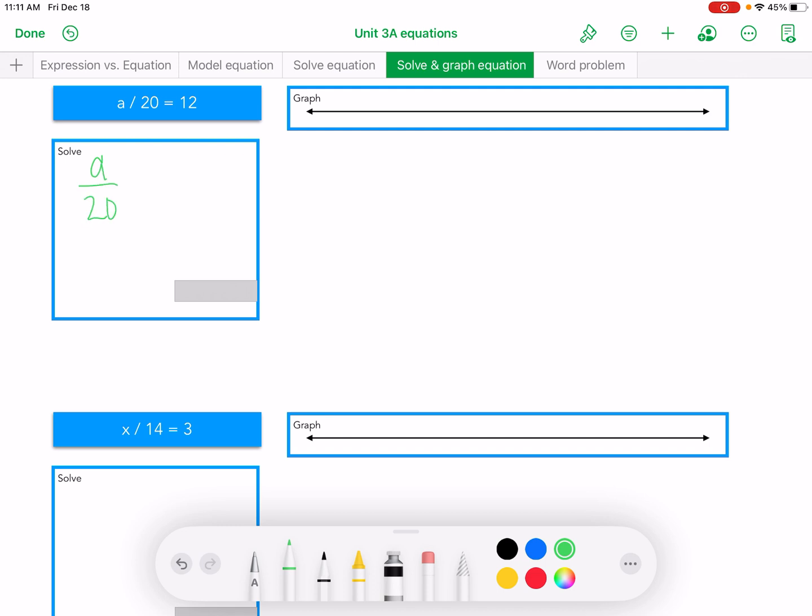A divided by 20 equals 12. We're dividing. The inverse of dividing is multiplying. So 20 is there, so we are going to multiply both sides by 20. This cancels out, leaving you with just 1A. 12 times 20 would be 240.